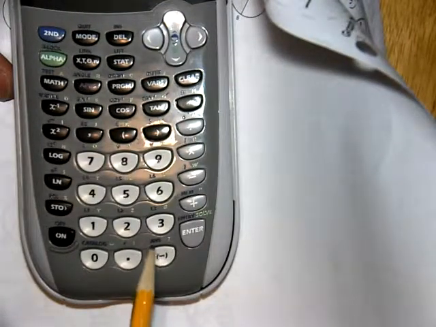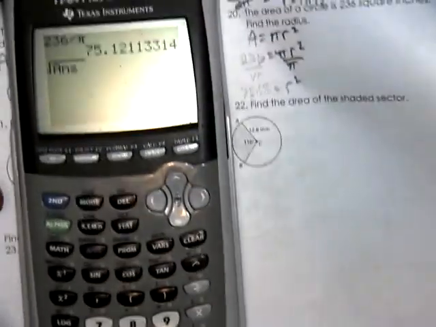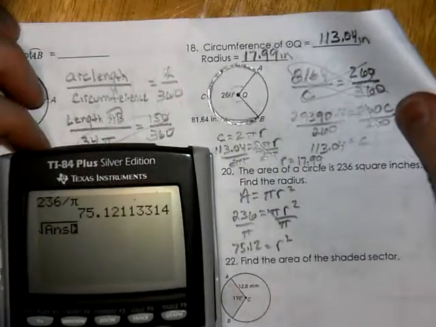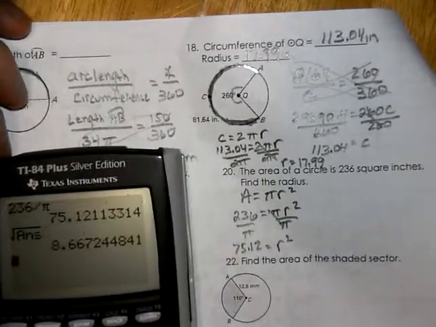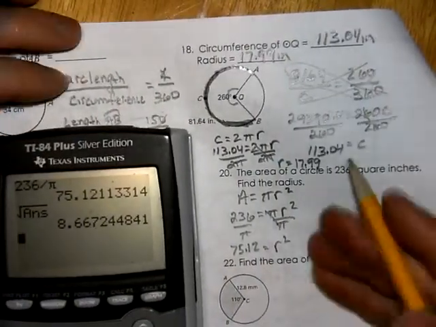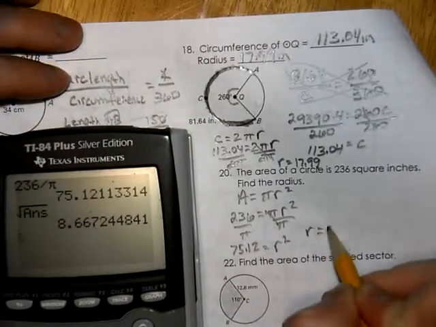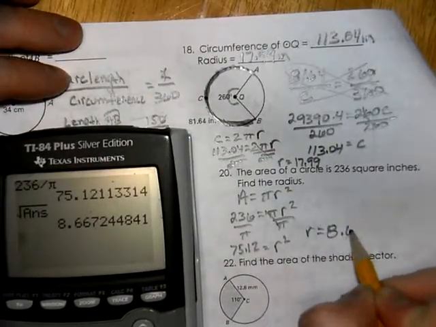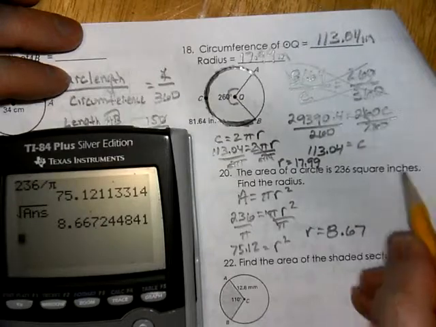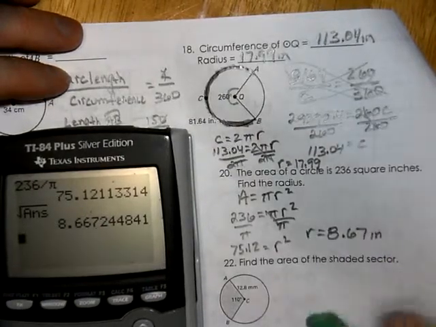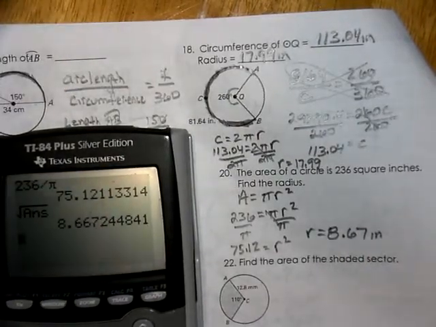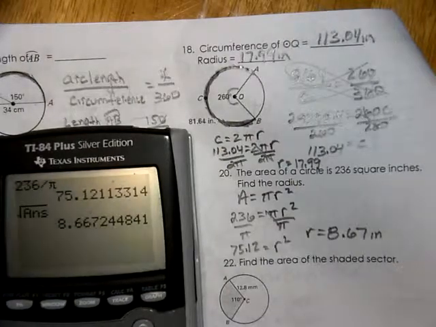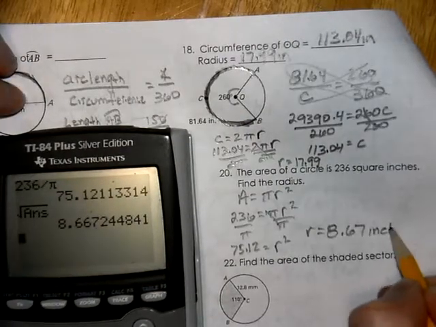The negative key has the word A N S written above it. So we're going to figure out that r is 8.67 inches. It's not squared because that's area. This is a radius, which is a length. It's just inches.